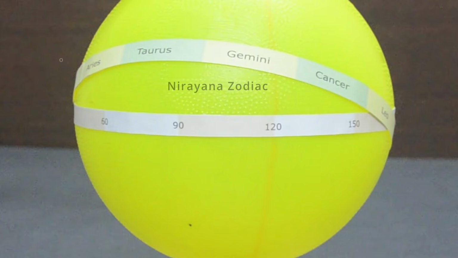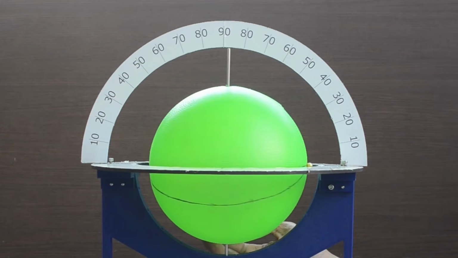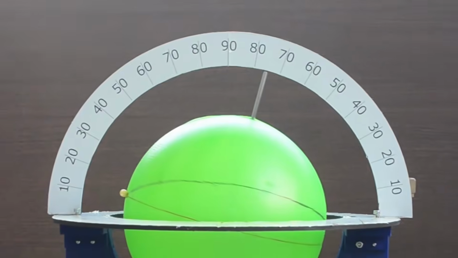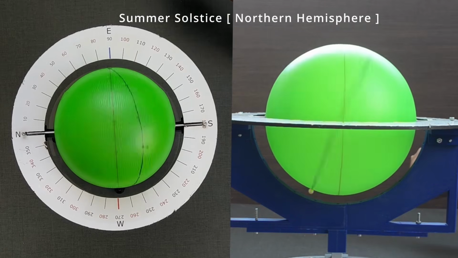We call these Nirayana zodiac signs or sidereal zodiac. Another system is the Sayana or tropical zodiac, followed in Western astrology. We'll consider this later.